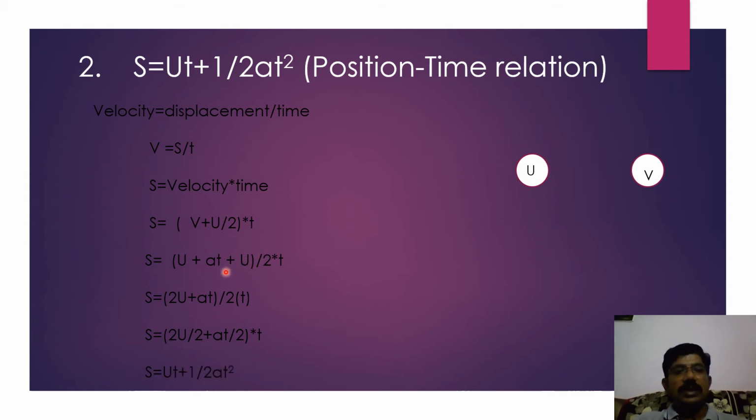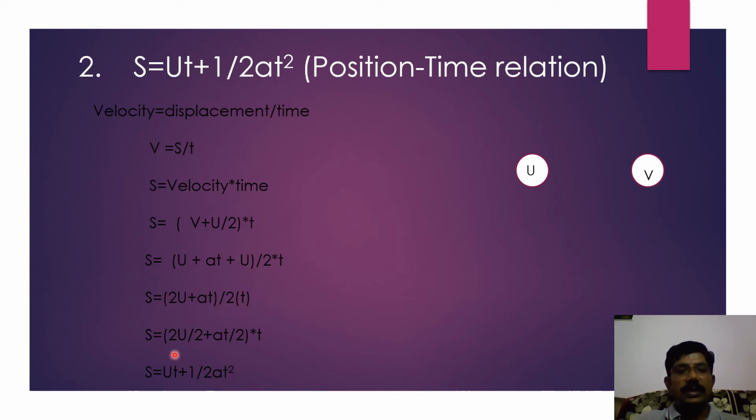Now see this, from the first equation v is equal to u plus at. Substitute u plus at in place of v. Now s is equal to u plus at plus u, divided by 2, into t. Now u plus u is 2u, plus at, divided by 2, into t.